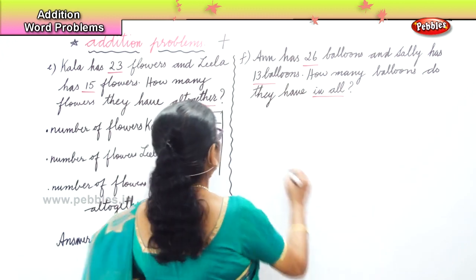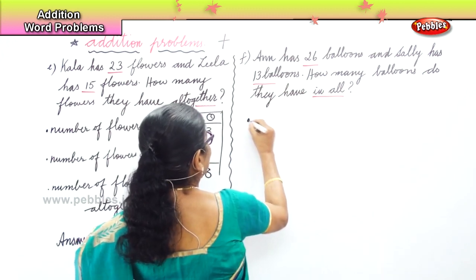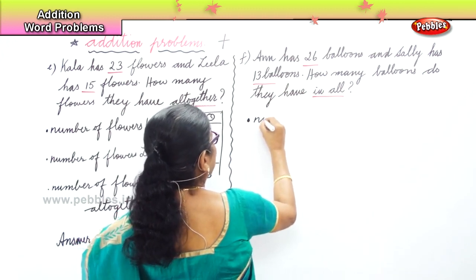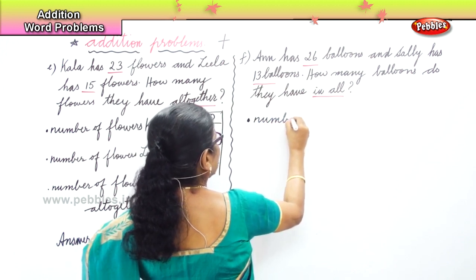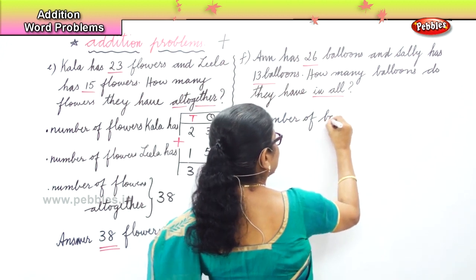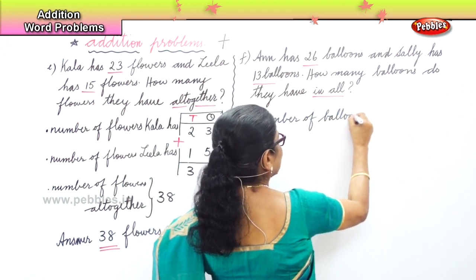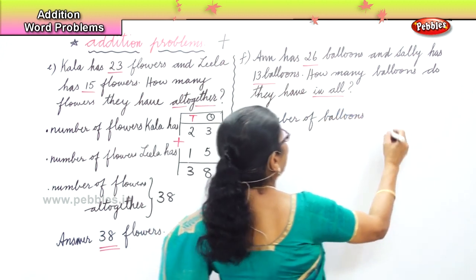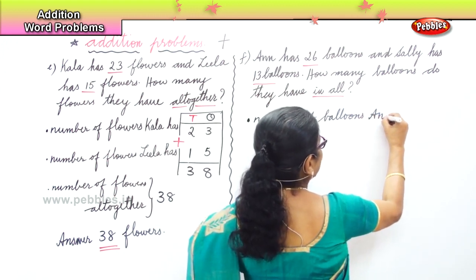So the first statement is number of balloons Anne has.